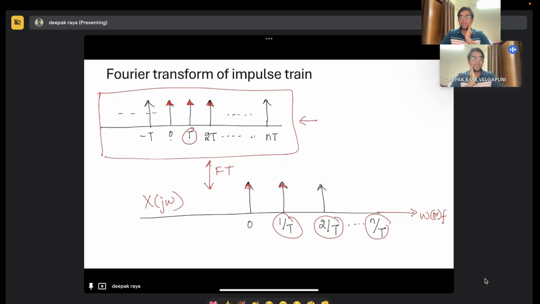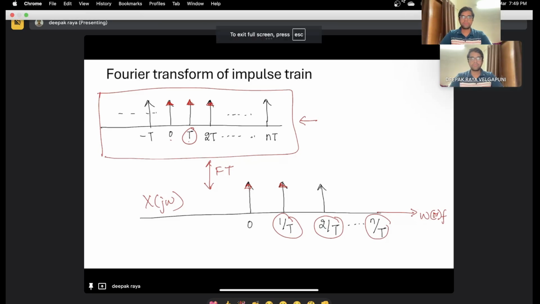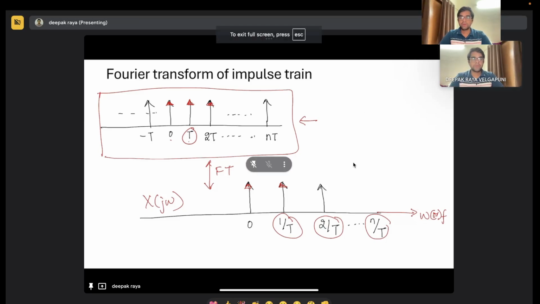Is the Fourier transform of an impulse train clear? The amplitude is still 1 in both cases. A Dirac delta doesn't have amplitude, it is just that its area is 1.